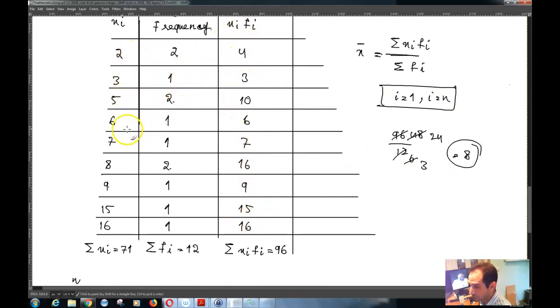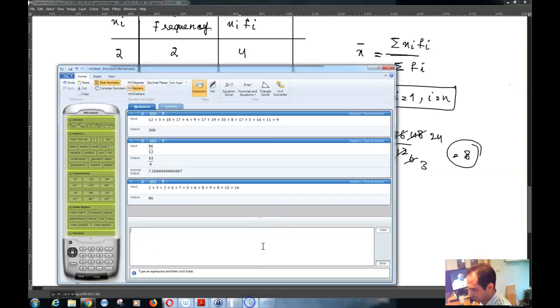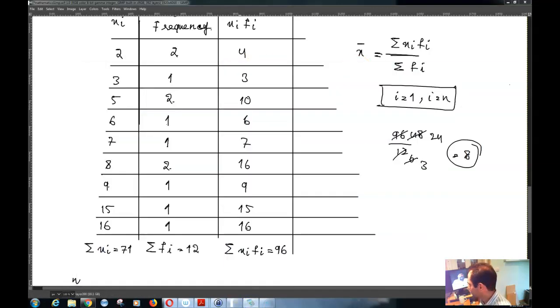4, 3, 10, 6, 7, 16, 9, 15, and 16. So let me add these numbers together. Let me see what I get. 4 plus 3 plus 10 plus 16 plus 7 plus 16. No, I made a mistake. 4 plus 3 plus 10 plus 6 plus 7 plus 16 plus 9 plus 15 plus 16.